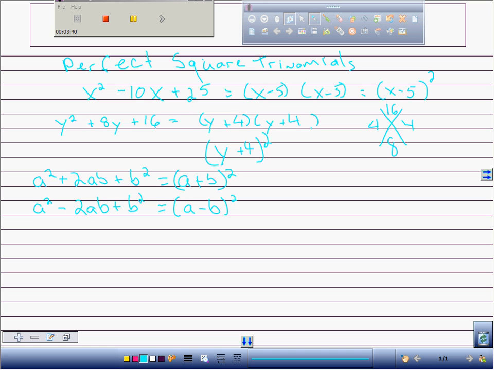So for instance, say I have something like x squared minus 14x plus 49. Who can tell me, looking at this thing, how does that factor?